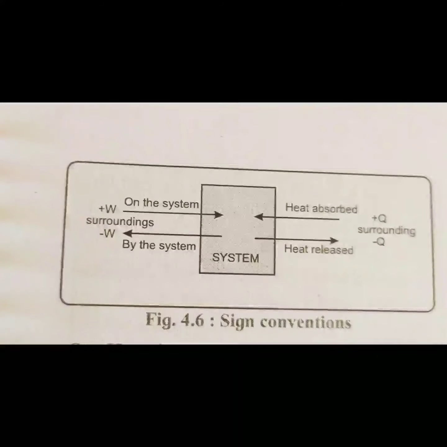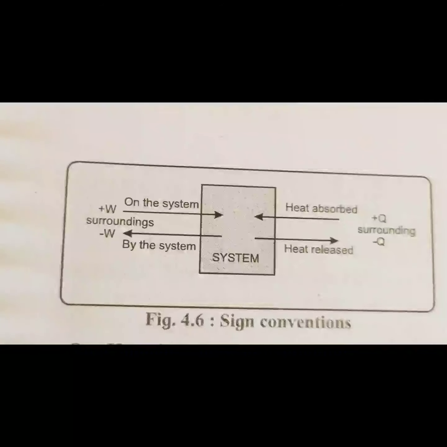Minus Q denotes heat released by the system to the surrounding. Plus W denotes work done on the system by the surrounding. Minus W denotes work done by the system on the surrounding. Here the positive value denotes energy entering the system from the surrounding, and negative denotes energy leaving the system.